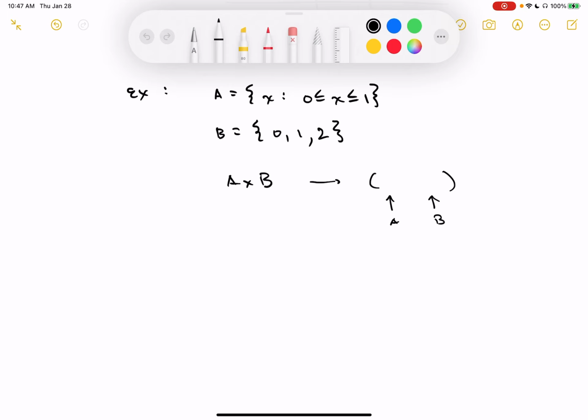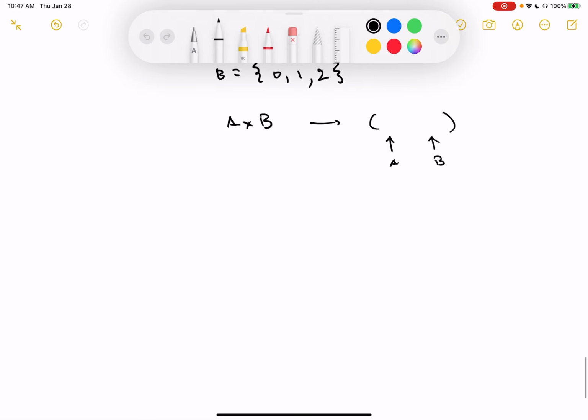I would like to get a visual in this case. This isn't a hugely complex one, but a graphic will help me. So if I think about what came from set A and what came from set B on the horizontal and vertical axes, respectively, the Cartesian product just says the first set lives on the horizontal and the second set lives on the vertical. Set A goes from a value of 0 to a value of 1, so I think of it as going on that interval 0 to 1.